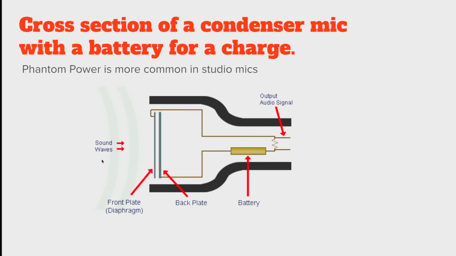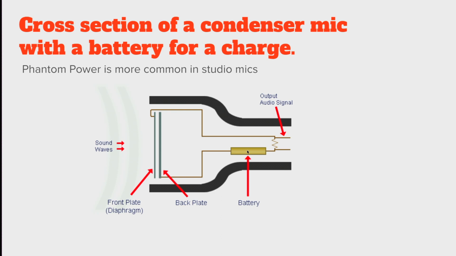So here we have a cross section of a condenser mic, and we can see here we have the front and the back plate. Again, the front plate is also known as the diaphragm. It's the part that's going to move in response to sound pressure level changes. The distance between those changes the capacitance of the circuit, which induces our signal. Here they're showing the phantom power coming from a battery supply.